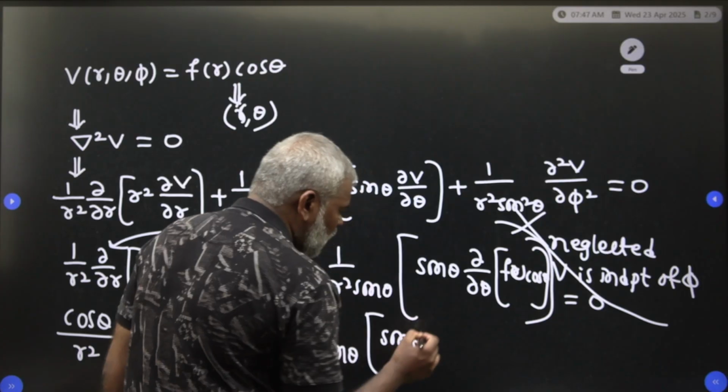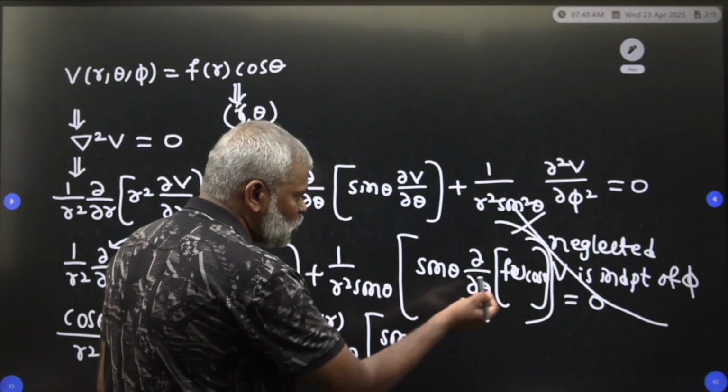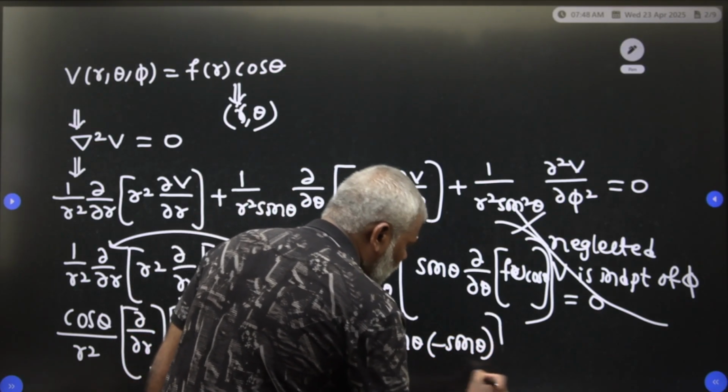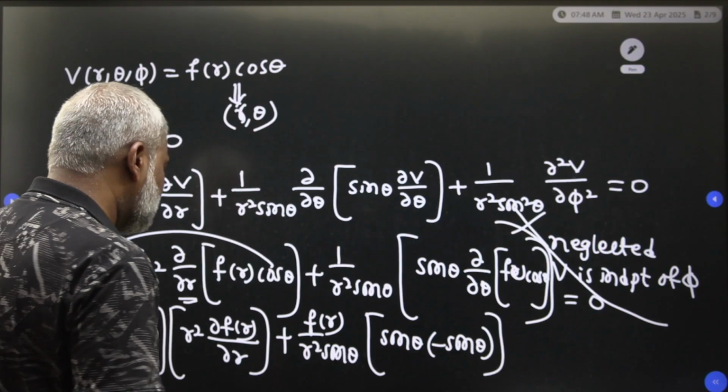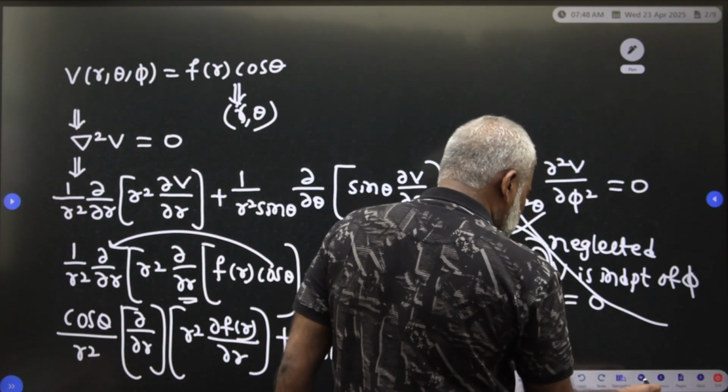We have to take f of r common here. So dou by dou theta of cos theta is equal to minus sin theta, is equal to 0.